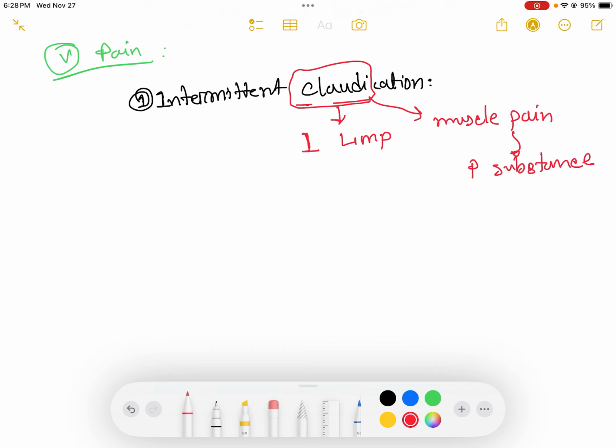It is a pain in the muscles, usually the calf, and is described by the patient as a cramp.